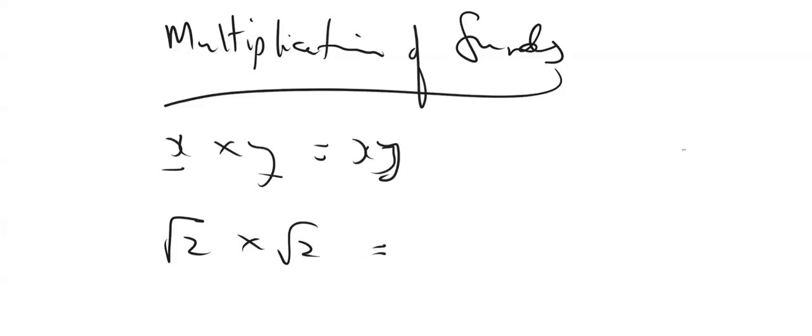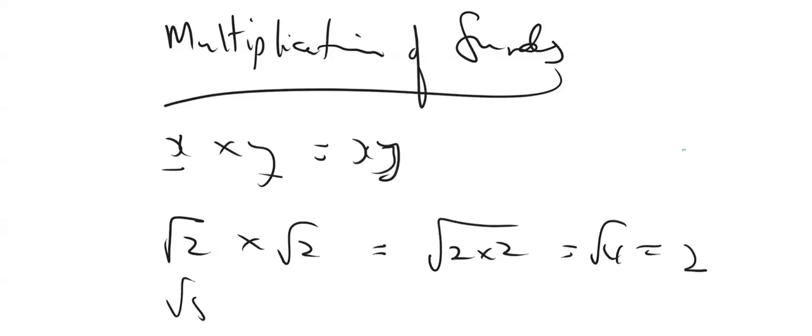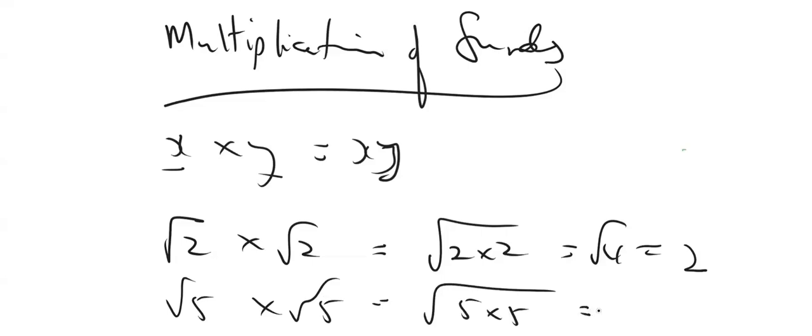You get root 2 times 2, which is root 4, which is 2. And root 5 by root 5 is root 5 times 5, which is root 25, equals 5. You can multiply it, right?